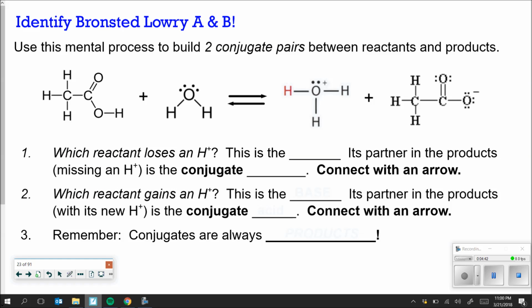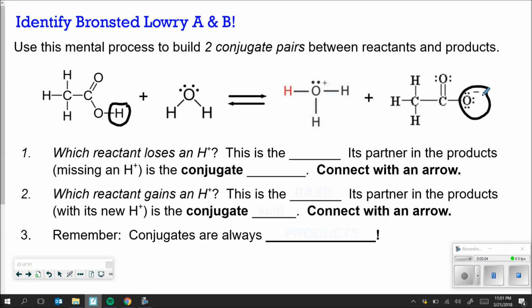So if we're looking at it visually, we've got a reaction up here drawn in Lewis dot structures. What I like to do is always look for that proton, always look for that hydrogen and see what's happening with it. In this case, I've got a hydrogen here, and over here, that hydrogen is gone.